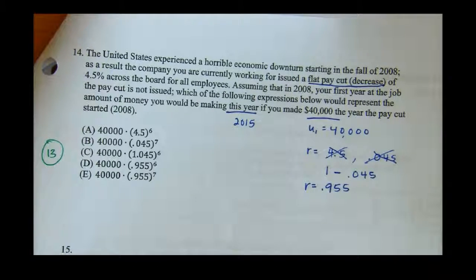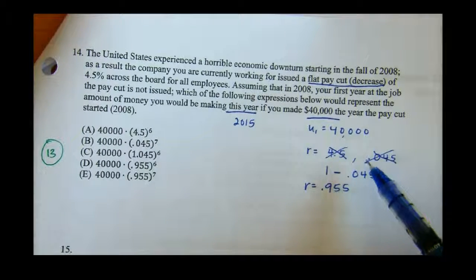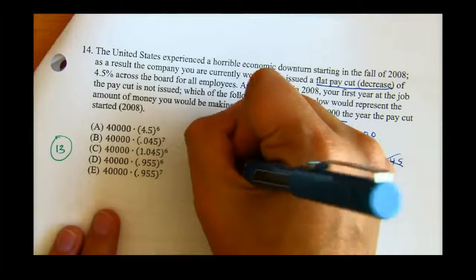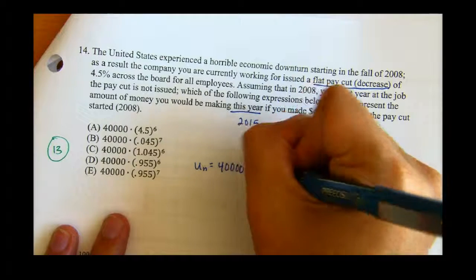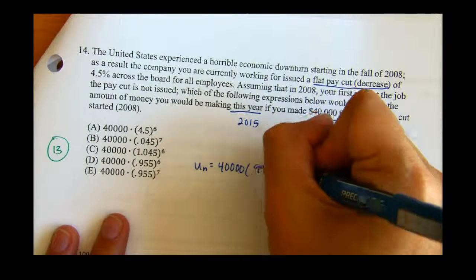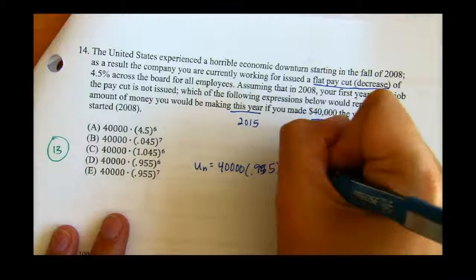So now I've got my U sub 1, I've got my rate. My explicit formula, U sub n is equal to 40,000 times 0.955 to the n minus 1.